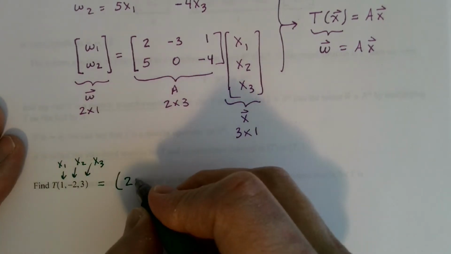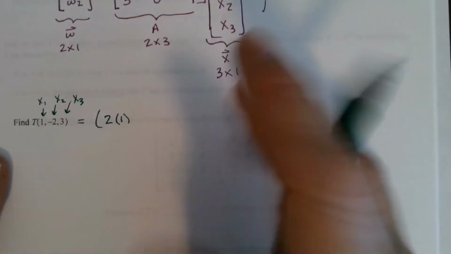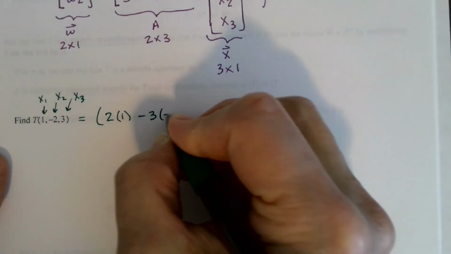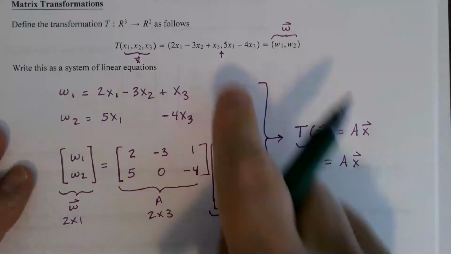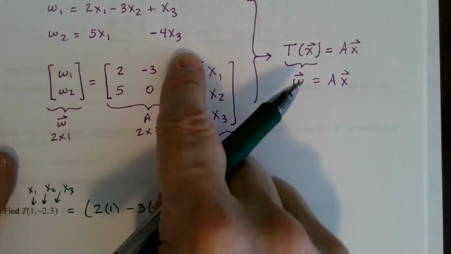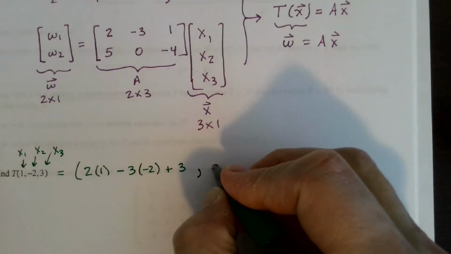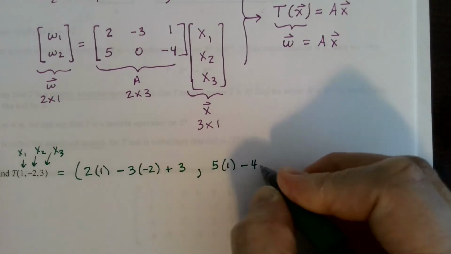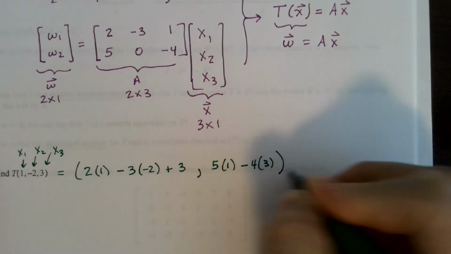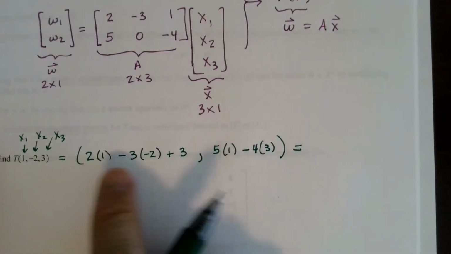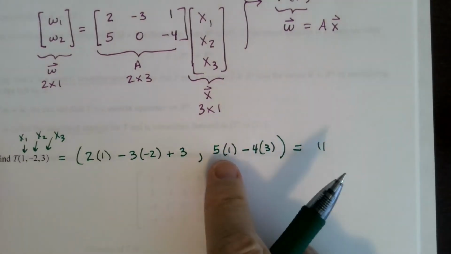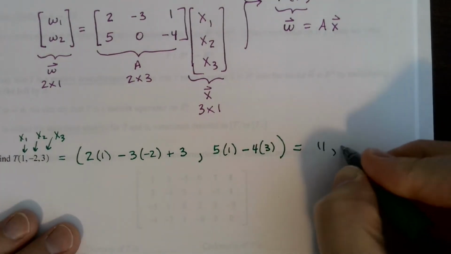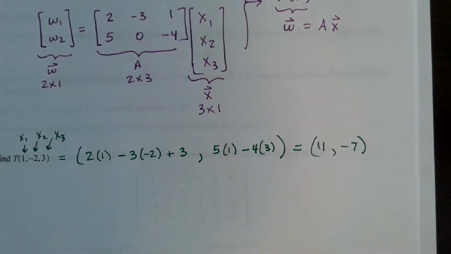So 2 times x1, which is 1, minus 3x2, which is negative 2, plus x3, which is 3, comma, 5x1 minus 4x3, where x3 is 3. And of course I get 2 plus 6, 8 plus 3 is 11, 5 minus 12 is negative 7. Okay, so that's one way I can do it.